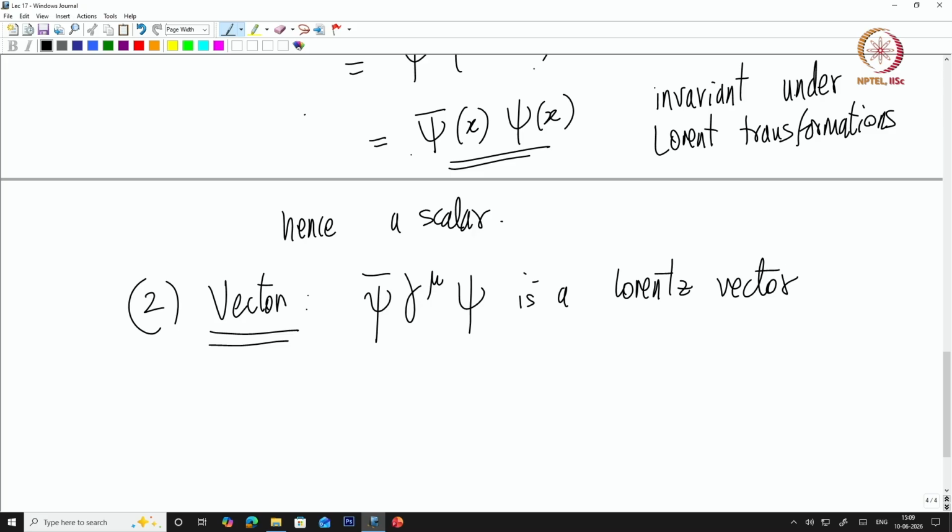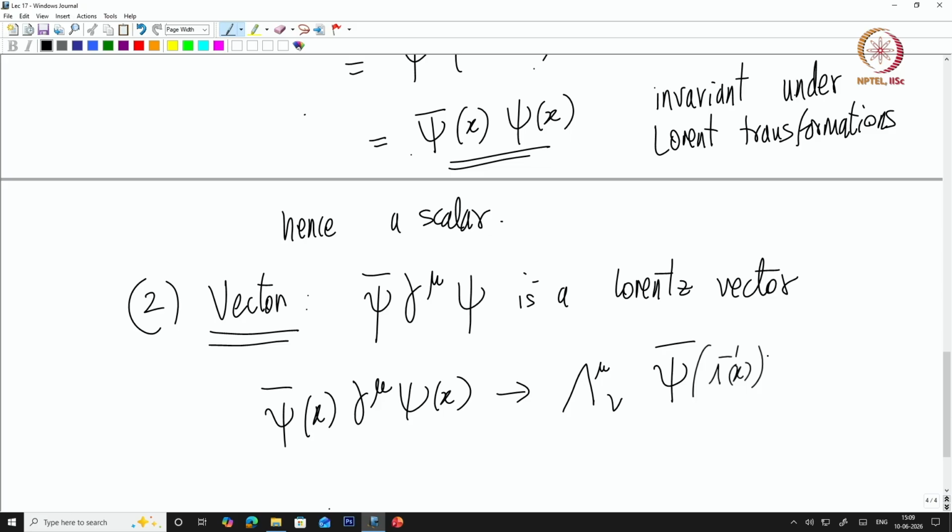That means that psi bar of x gamma mu psi of x transforms as lambda mu nu psi bar of x gamma nu psi of x.